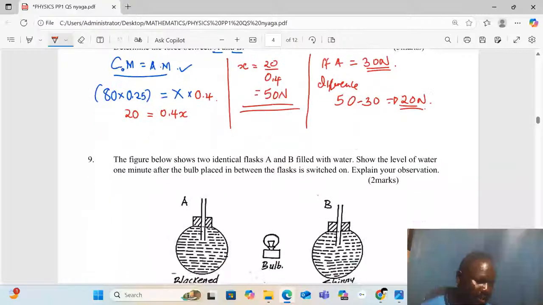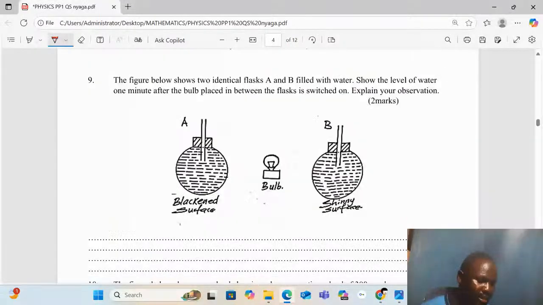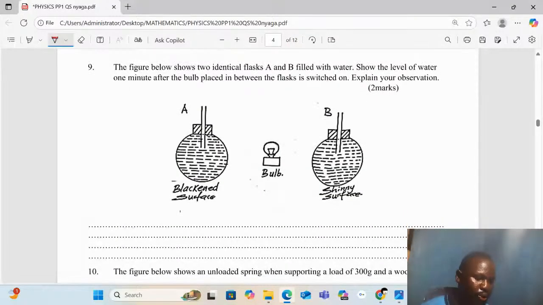We have our question 9, which shows two identical flasks, A and B, filled with water.